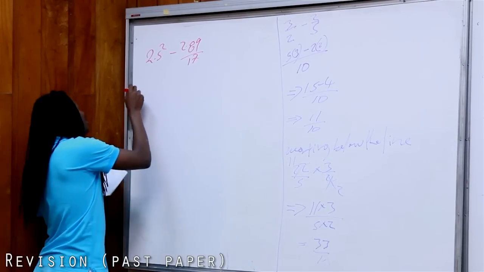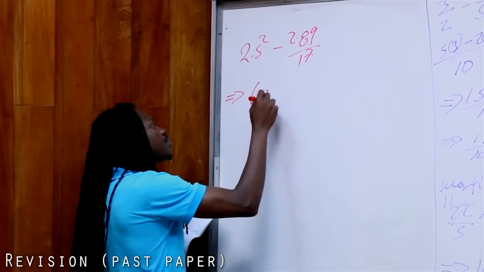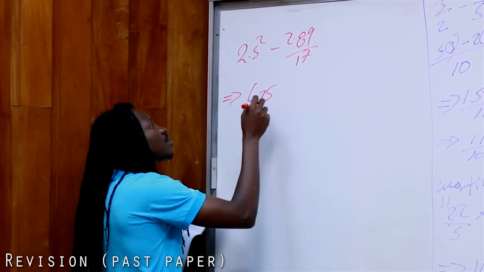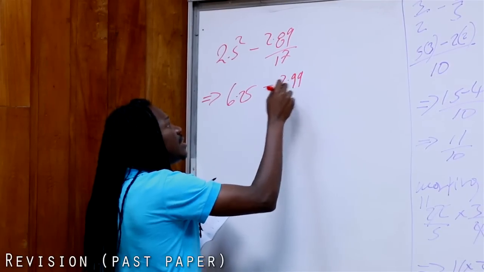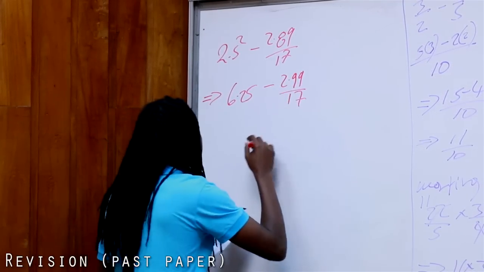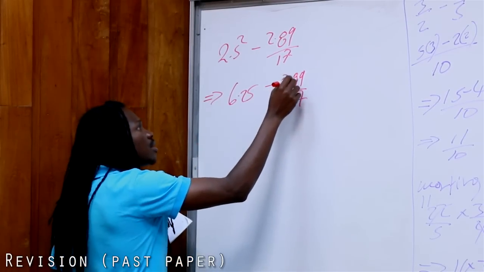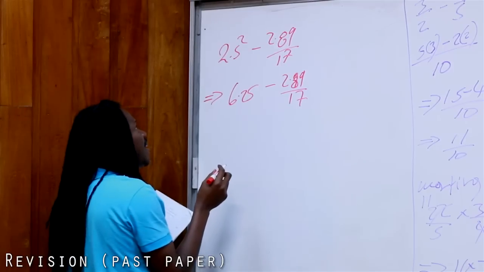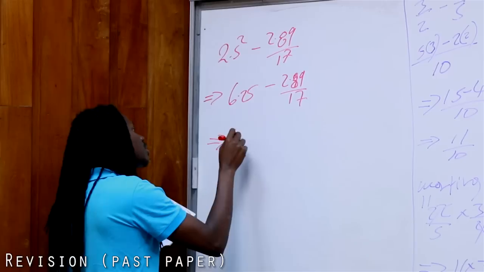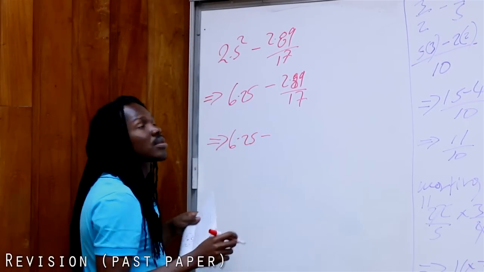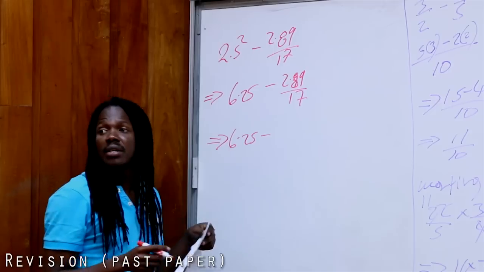What is 2.5 square? 6.25 minus 2.89 over 17. 2.89 divided by 17.